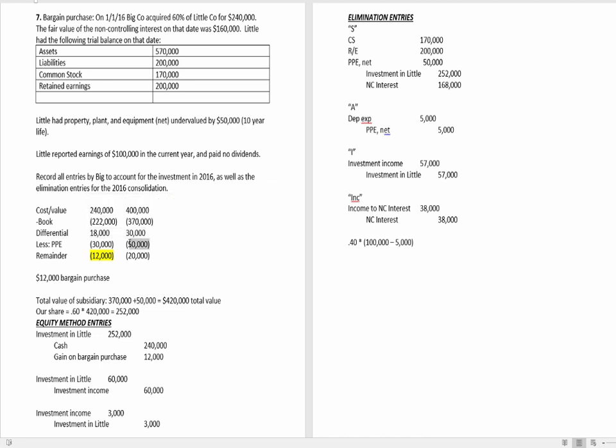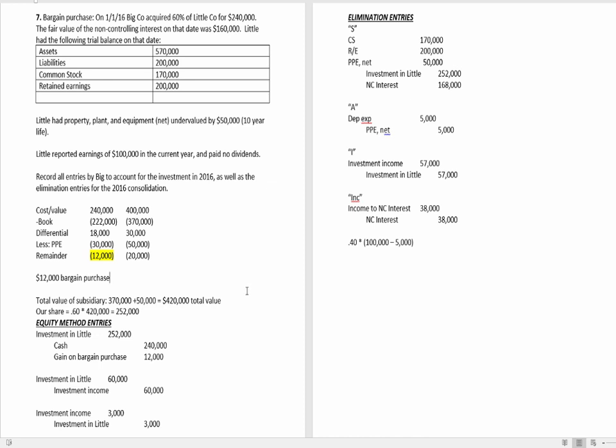We subtract out the undervalued property, plant, and equipment, our share $30,000, and we end up with a negative remainder. Now, in other cases, the remainder is positive. That's that unexplained premium that we paid, which we call goodwill. In this case, we end up with a negative remainder. This is going to be our bargain purchase. And again, our share, $12,000, that's our $12,000 bargain purchase.